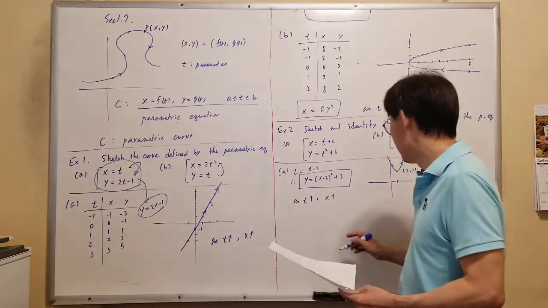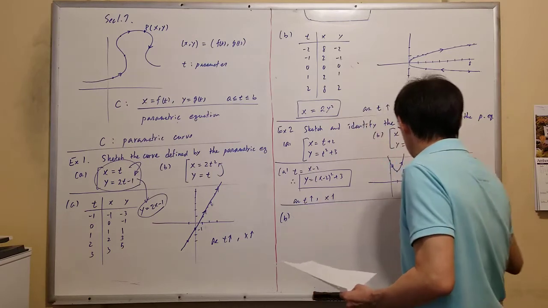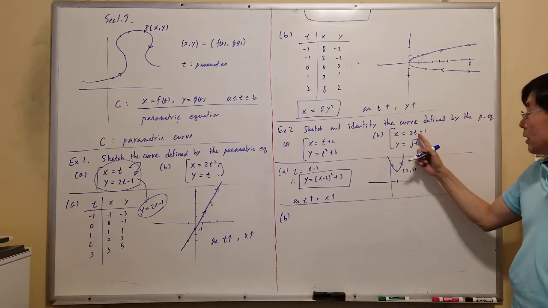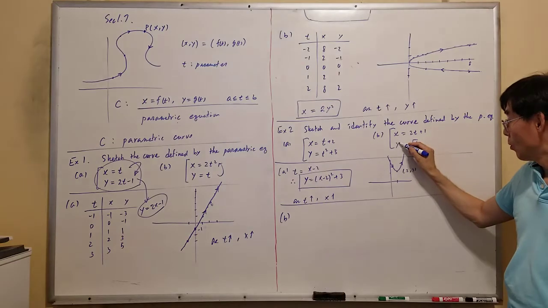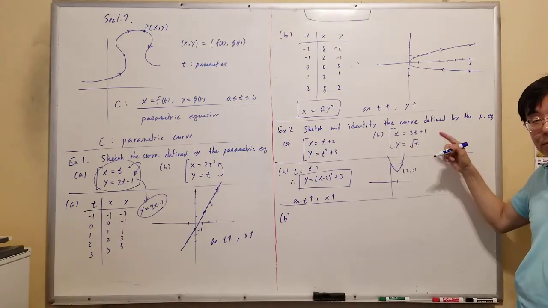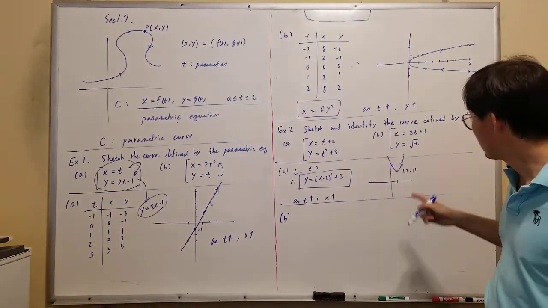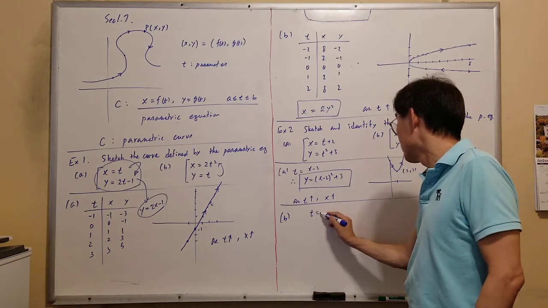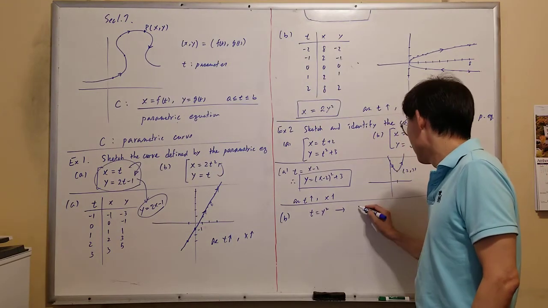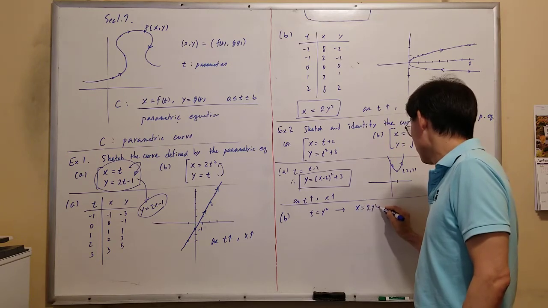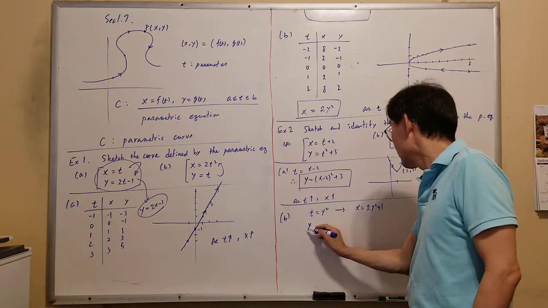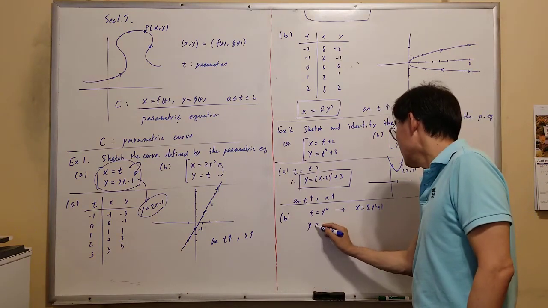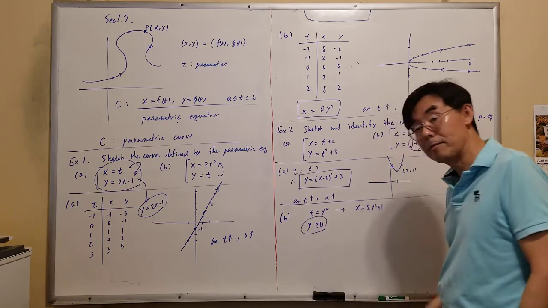Alright. What about B? Now we can write this one as t equals (x minus 1) over 2, and going over there. You can do that. So y equals the square root of something about t, a square root function. Or t equals y squared, so x equals 2y squared plus 1. However, y equals square root of t means that y is only greater than or equal to 0.